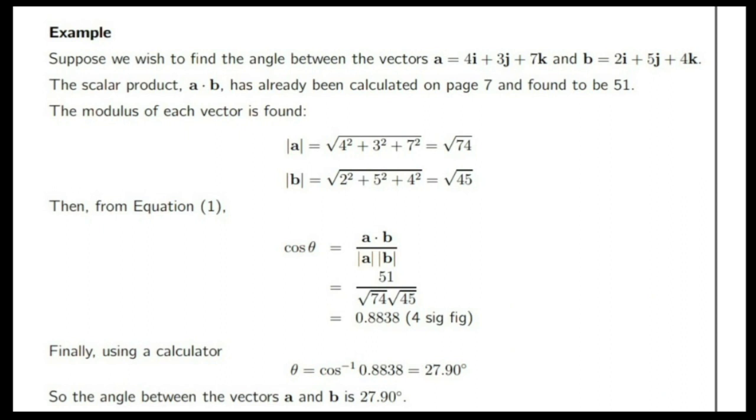By doing calculation, we'll get it to be 0.8838. So using calculator or using Clerk's table, you will get it to be 27.9 degree. So the angle between vector A and vector B is 27.9 degree. It's better you use Clerk's table.